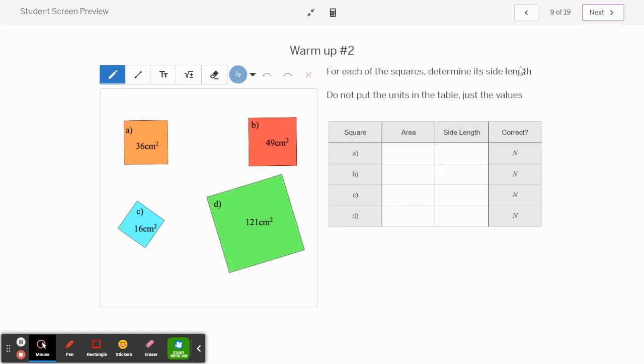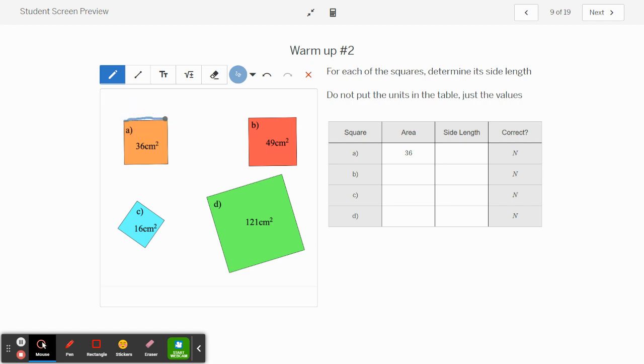Okay, now on this one, they ask you to write down the area and the side length. So for figure A here, the area is 36. But what is the side length? I want to know how long is this side.